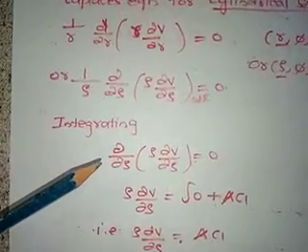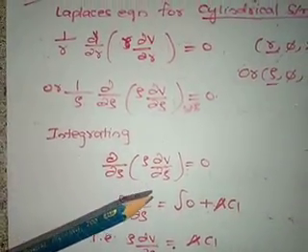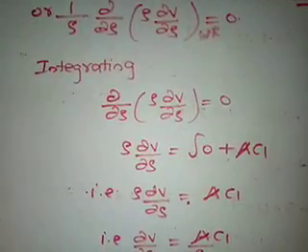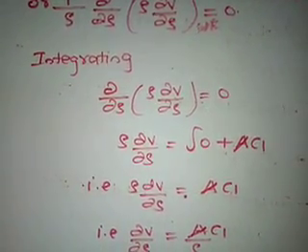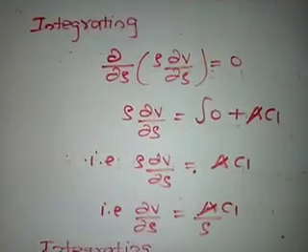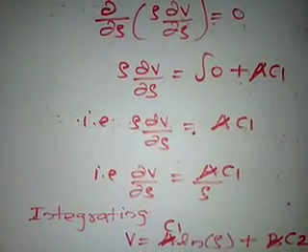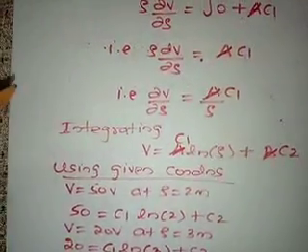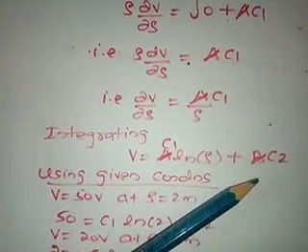If we integrate this, rho dou V by dou rho is equal to C1, or dou V by dou rho is equal to C1 by rho. Integrating again, V is equal to C1 ln rho plus C2.